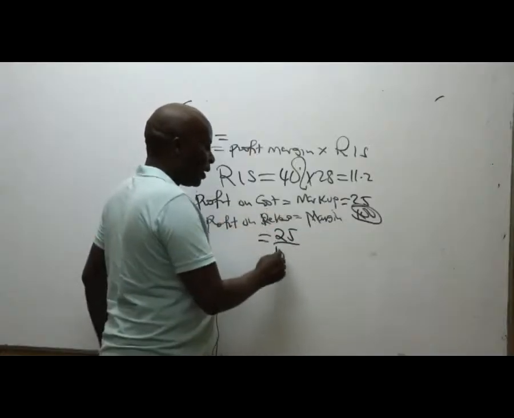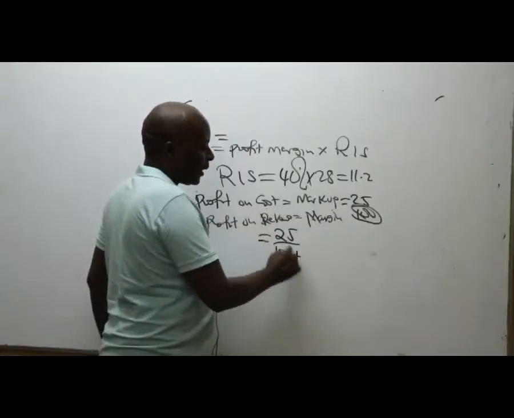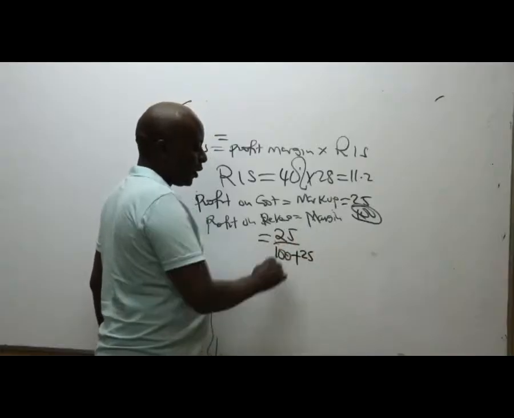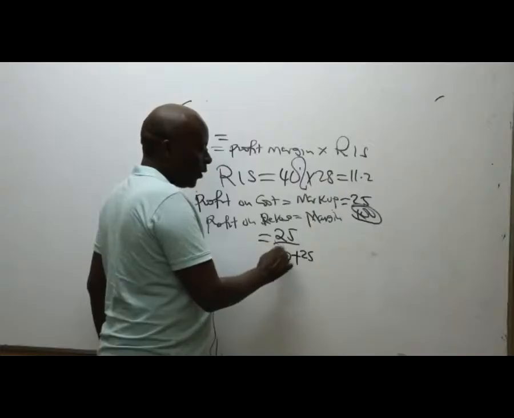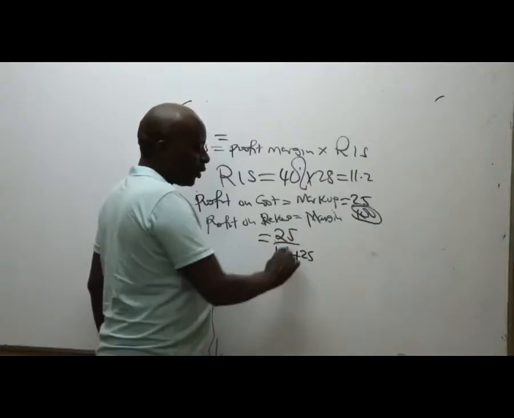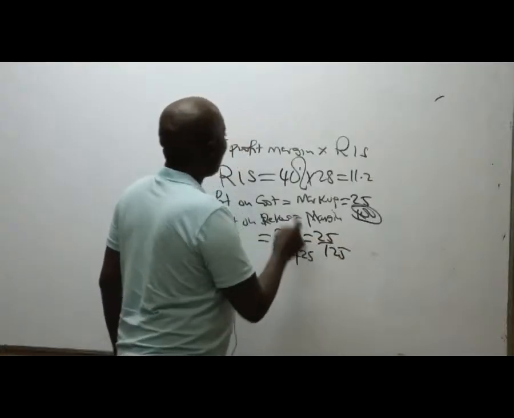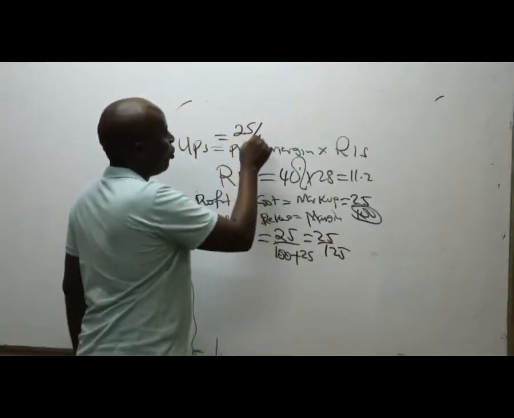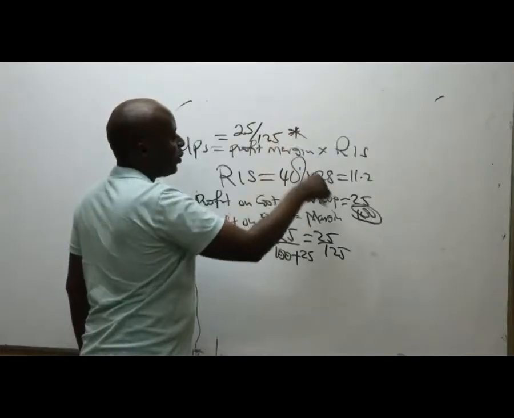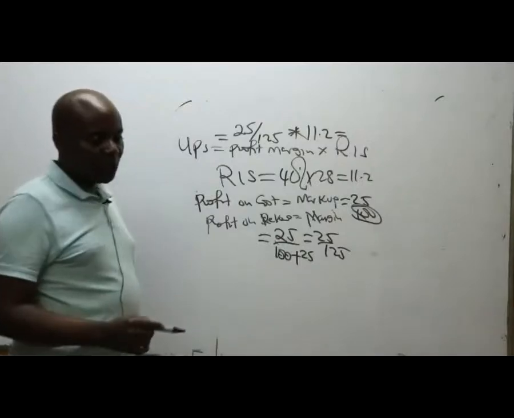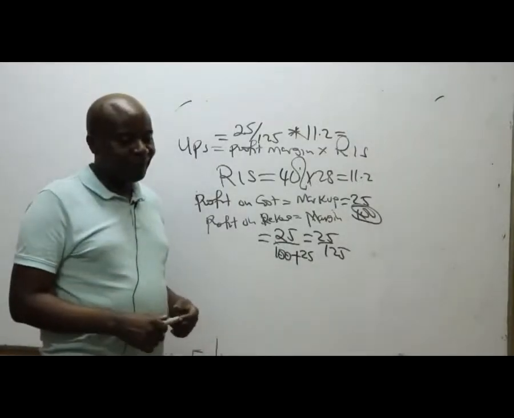You take the denominator there plus the numerator here. You take the figure that you had there, you add the numerator, not that you add 1 always. So this will be the same as 25 over 125. So this one will be 25 over 125 times the Reese that you gave me as 11.2.